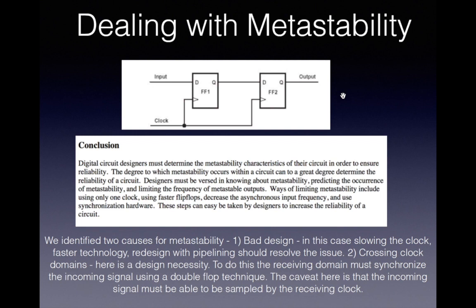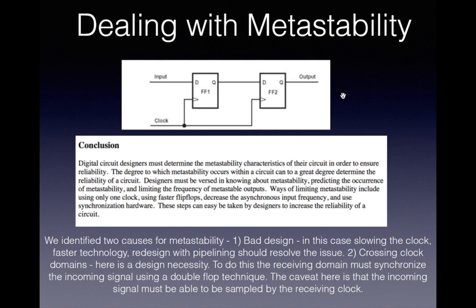Ways of limiting metastability include slowing the clock, faster flops, decreasing the asynchronous input frequency, using synchronization hardware. So I say there's 2 reasons. The first is bad design. In that case, slow the clock, faster technology, redesign with pipeline.